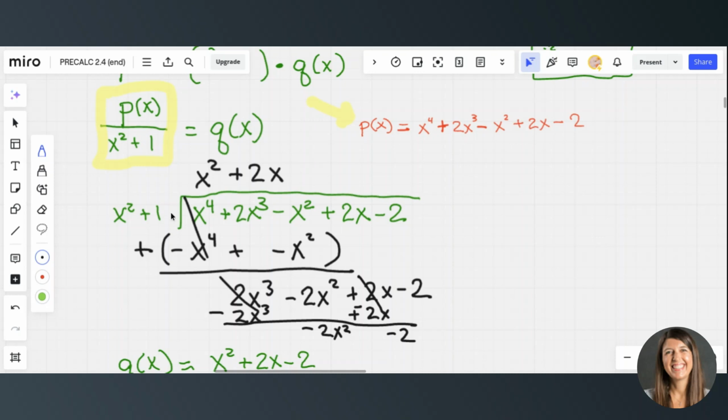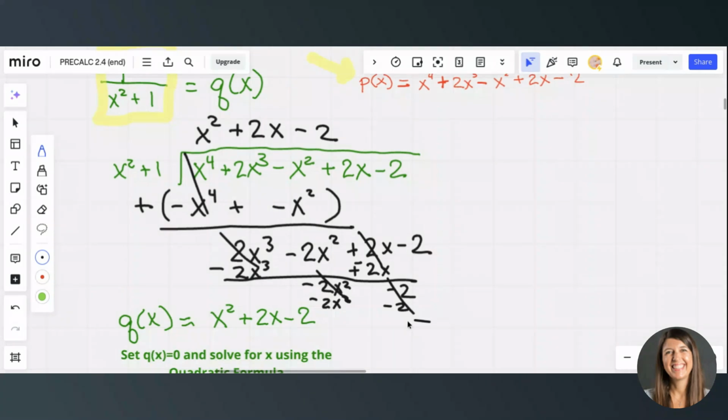Now I'm going to say x squared times what is negative 2x squared? It's just minus 2. So minus 2 times x squared is minus 2x squared. And then minus 2 times 1 is minus 2. And then if I subtract that, everything crosses out. And I've got a remainder of 0.